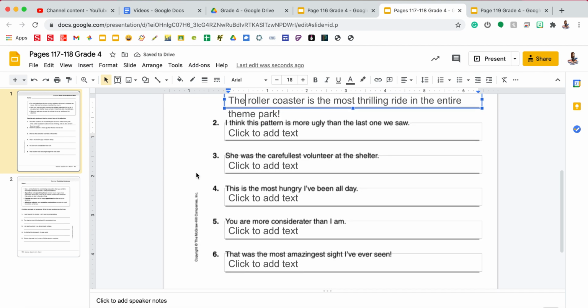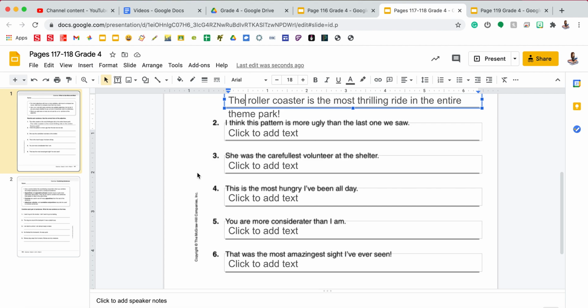Let's also look at number 2. I think this pattern is more ugly than the last one we saw. So I see that the adjective ugly is in the sentence. I want to change more ugly to uglier because ugly only has two syllables if you clap it out, ugly.